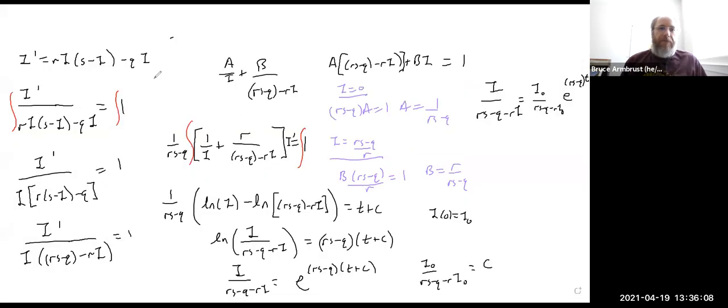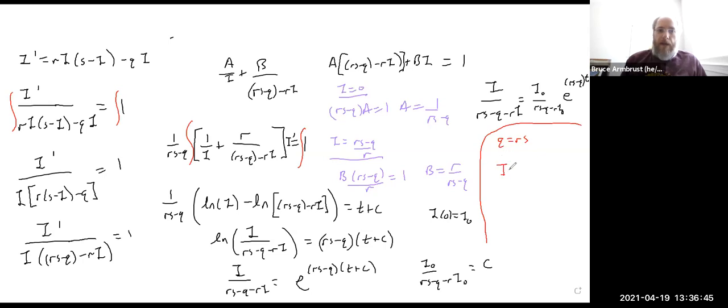So let's come back here and see why that matters. Okay, so first of all, just notice if Q is equal to RS, then this stuff in the parentheses goes away. And we get a very different structure for this equation. So if we have Q equals RS, and you go back to this original differential equation, Q minus RS is 0.